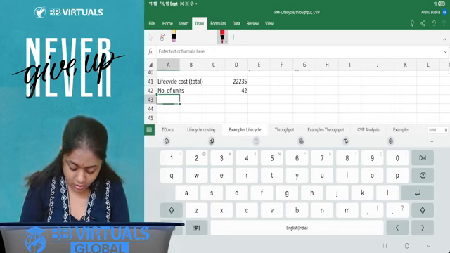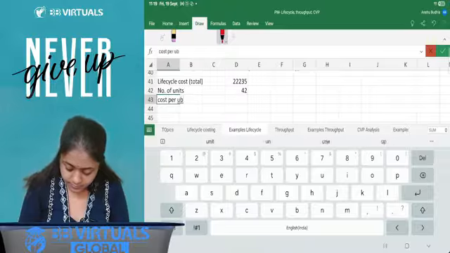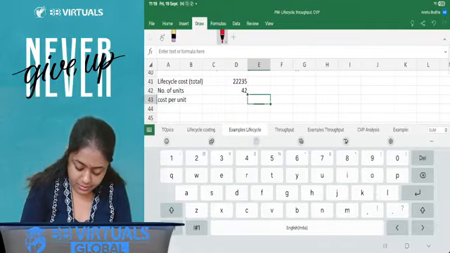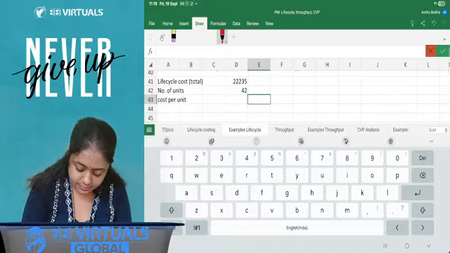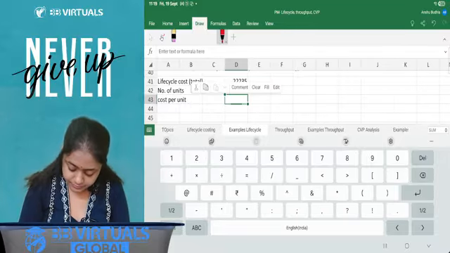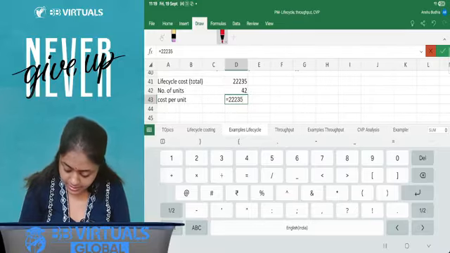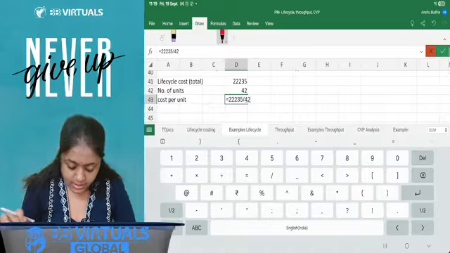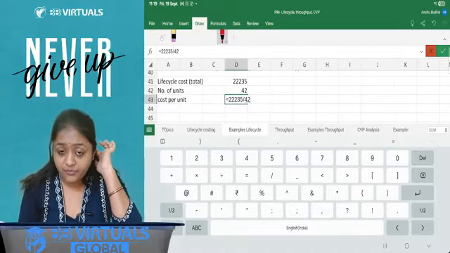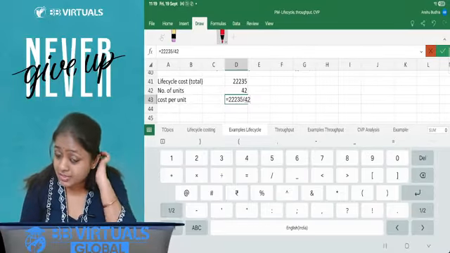Now let's get the cost per unit. So just divide it: 22235 divided by 42.